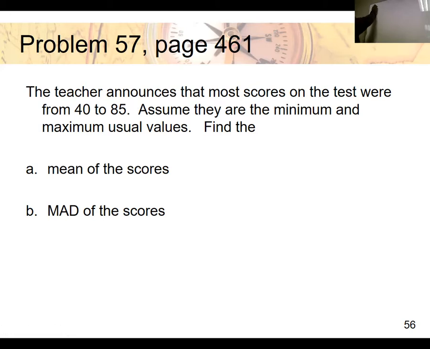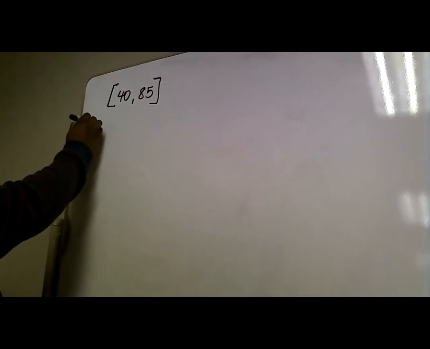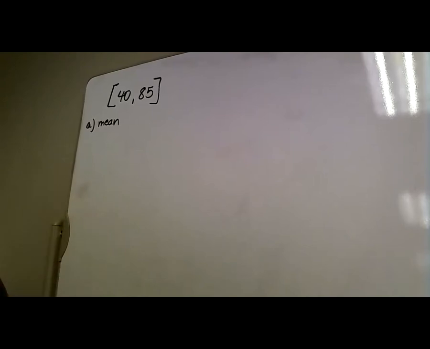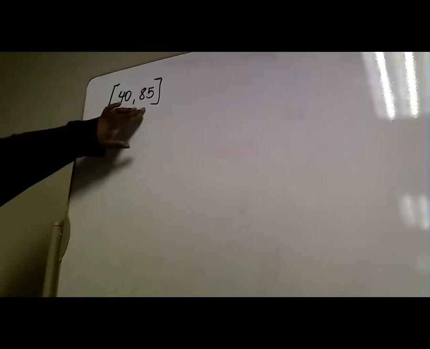So this is from 40 to 85. And let's say we want to find the mean of the scores. This is part A. The mean of the scores is not the same number as the mean that was used to create the numbers to begin with, because all we have here is just a minimum and the maximum.